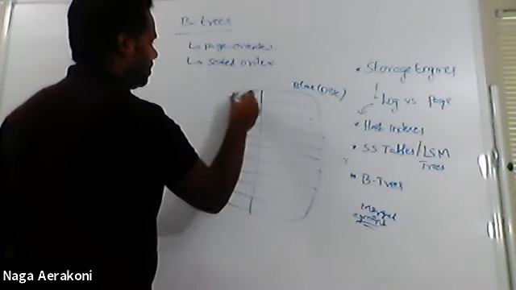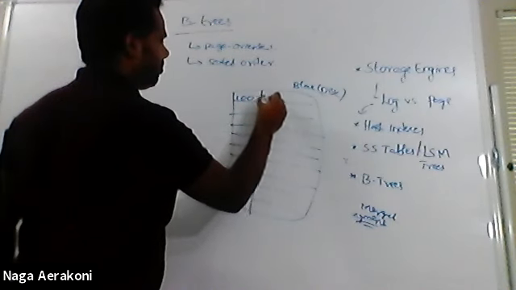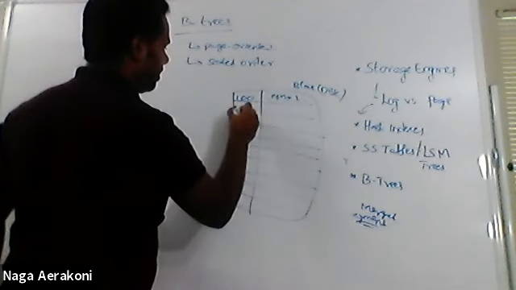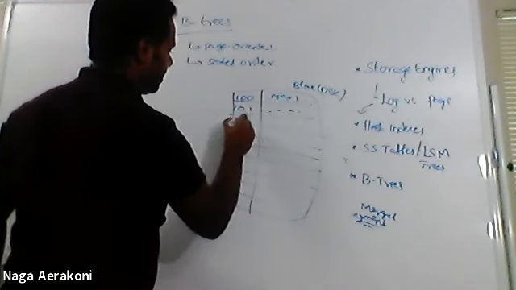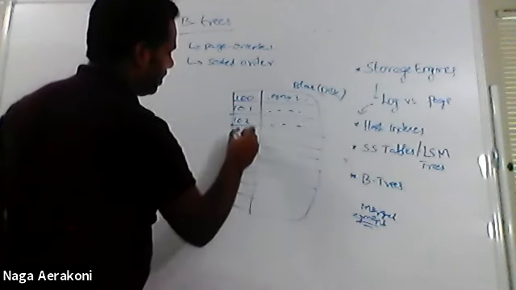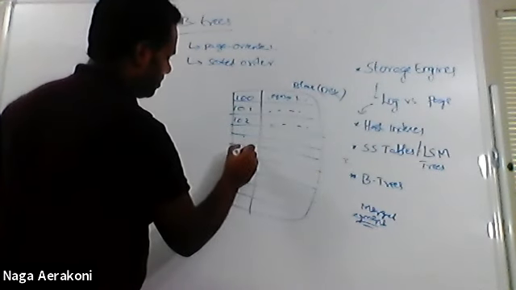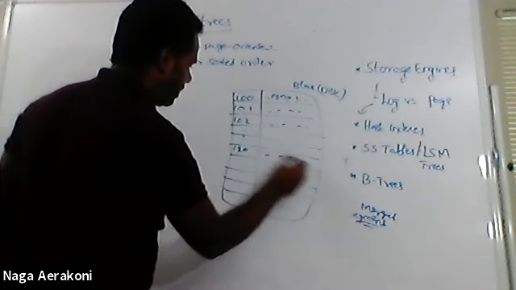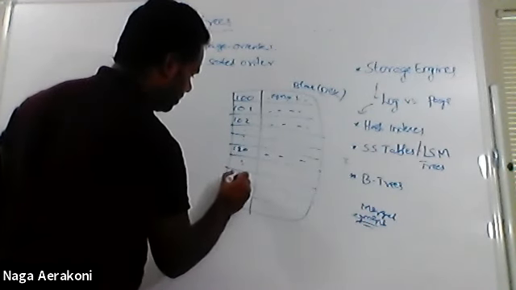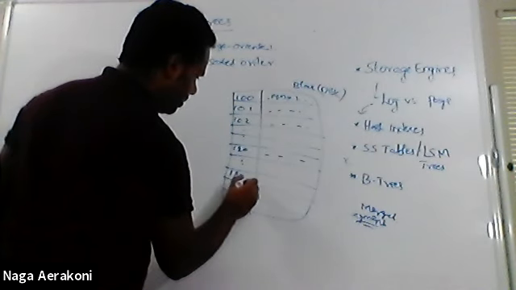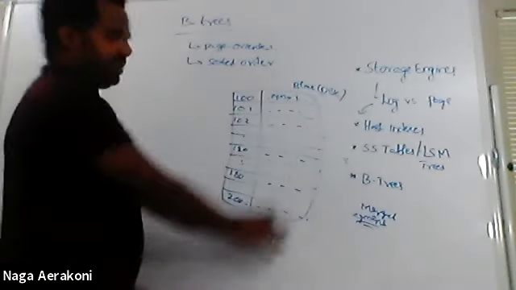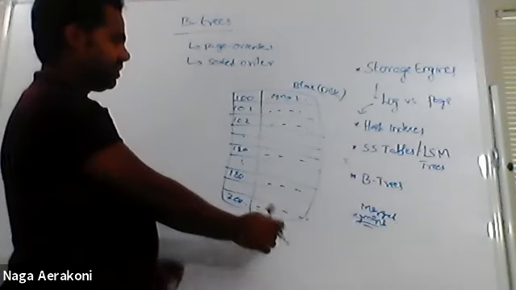So this is 100, some value of some person data like person 1, then 101, we just store something like this, 102, and you keep on having this data, like 120, then you may have 180, and then you may have 200. So let's treat this as some sequential storage in disk.